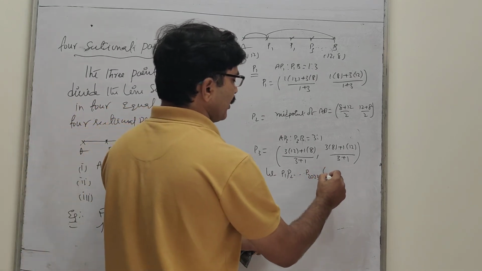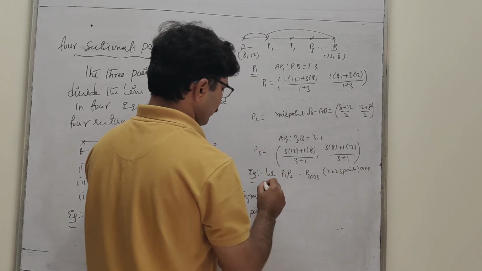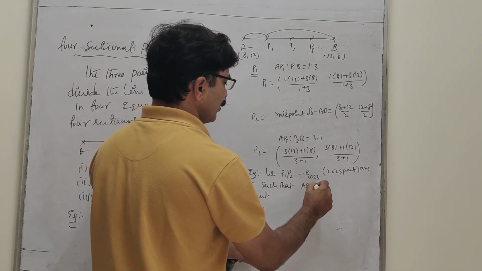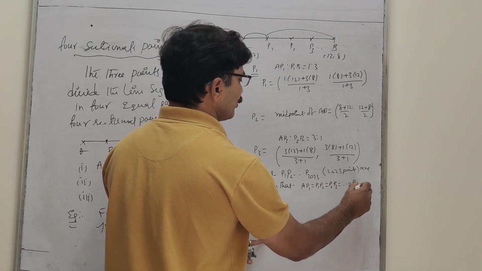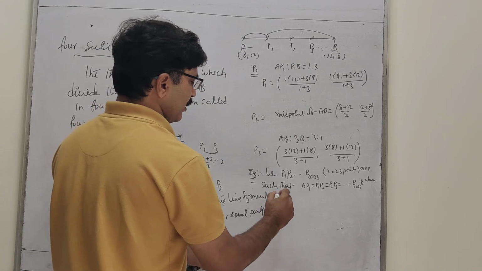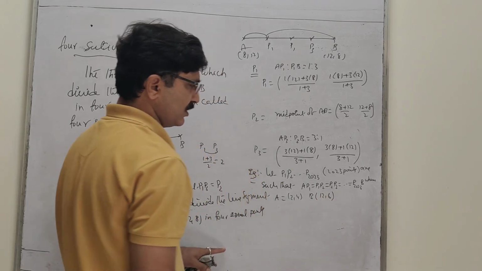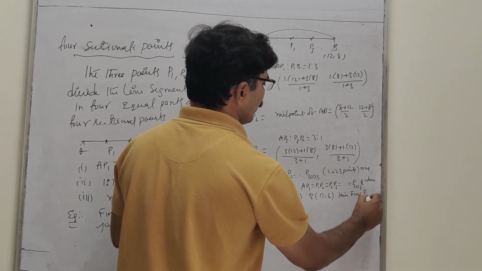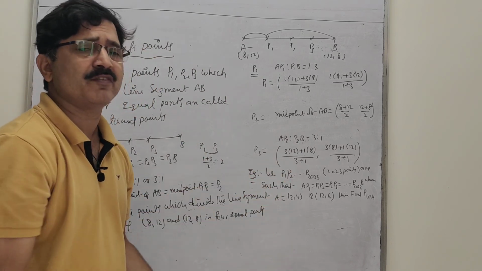There are 2023 points such that AP1 equals P1P2 equals P2P3, and so on, equals P2023B, where A is (24, 12) and B is (12, 6)... find P1014. See how interesting. It looks so difficult.